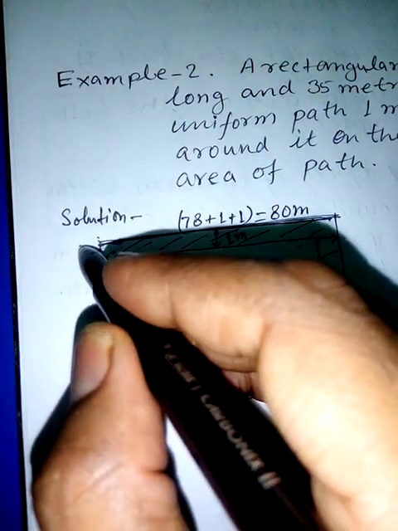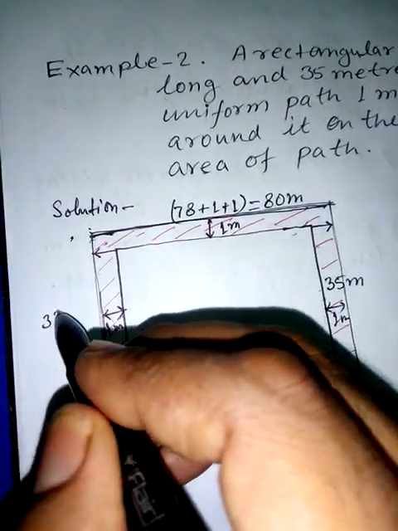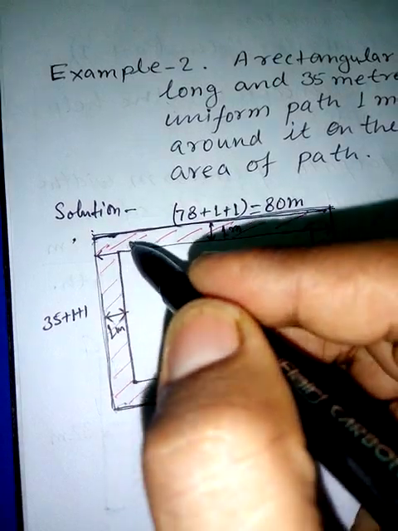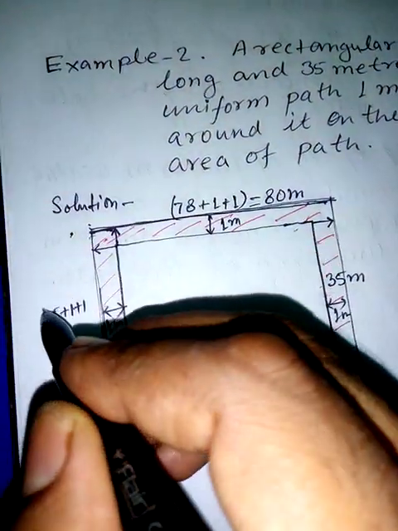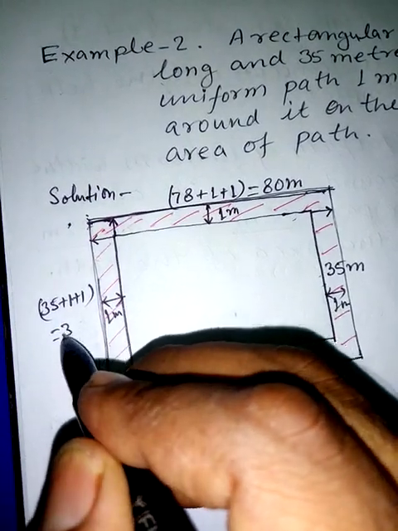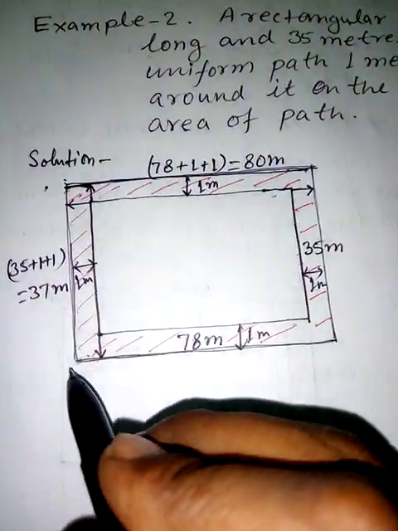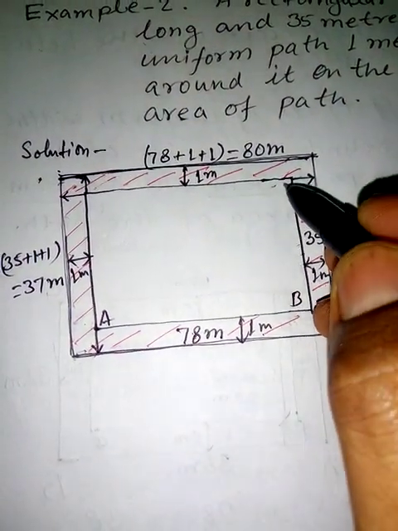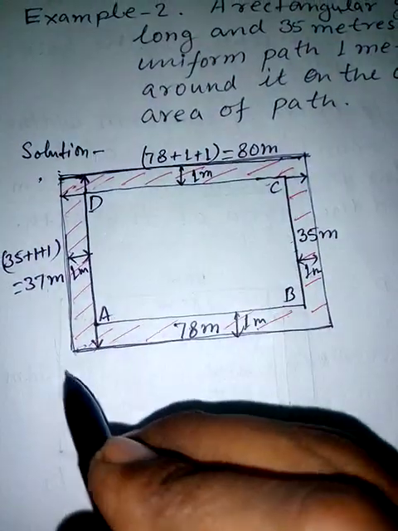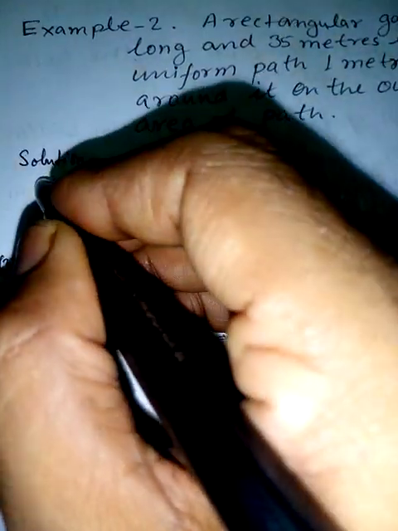And in this breadth side again 35 plus 1 plus 1, because it is extended 1 meter from both sides, so it will be 37 meter. Now students, we have to take names, that is A, B, C, D, P, Q, R, S.